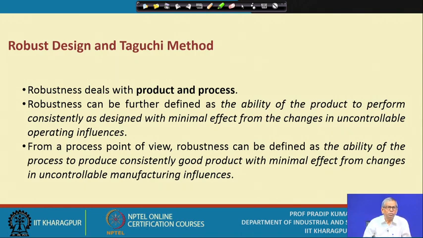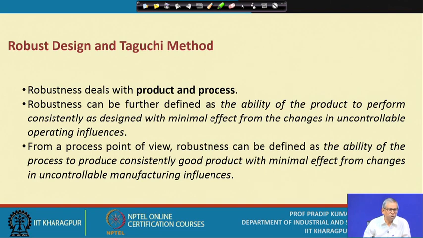Okay. Now I've already mentioned that ultimately if you intend to use quality engineering based tools and techniques with respect to a product, the main objective is to create a robust product.